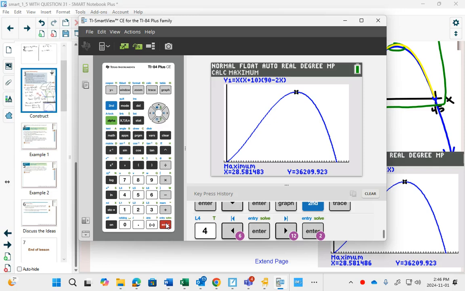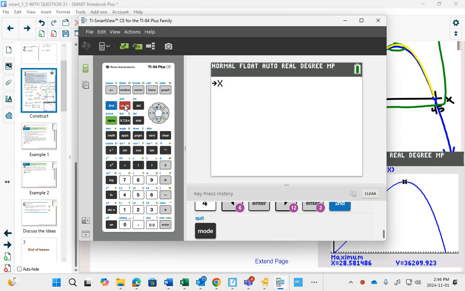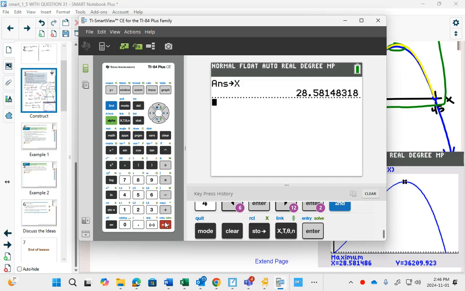So after you've calculated, if you go out of here, oh my goodness, and hit store, it says, where would you like to store your answer? I'm going to just store it as X. And that answer is the last thing you solved on your graph, which is sometimes really helpful. So you can take stuff you've solved on your graph and not lose any decimal places.